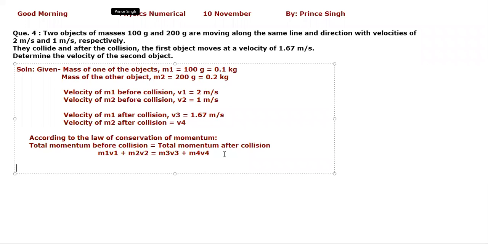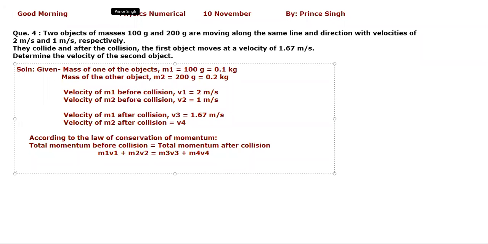The momentum of m1 and m2 before collision is equal to the momentum of m3 and m4 after collision with the velocities v3 and v4.